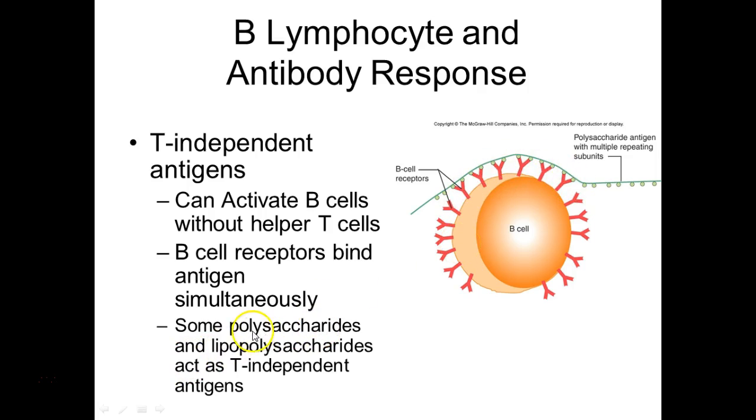So polysaccharides, repetitive, right, lipopolysaccharides tend to be what we call T-independent antigens. So just the interaction of the antigen and some other signaling is needed for the B-cell to produce plasma cells and memory cells. You don't need the helper T-cell to interact. So hence T-independent antigens.